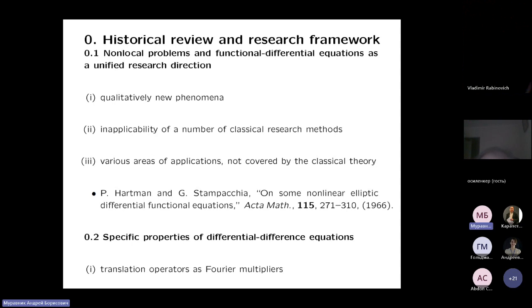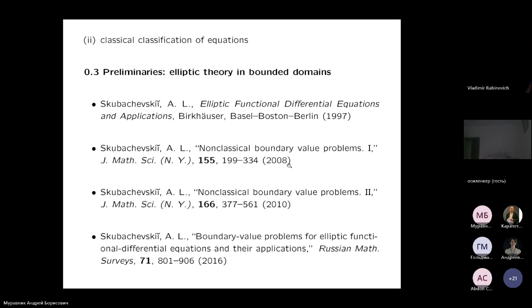Another specific property refers to the classical classification of equations. In the classical theory of partial differential equations, we have a very well-known classical definition of how to define which equation is elliptic, which is parabolic, and which is hyperbolic.